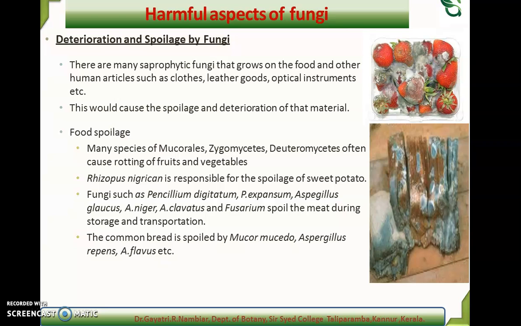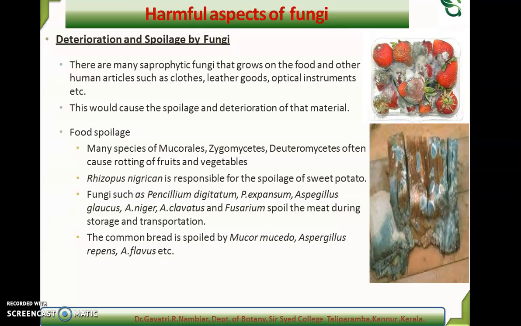There are many saprophytic fungi that grow on food and other human articles such as clothes, leather goods, etc. In case of food spoilage, there are many species of Mucorales, Zygomycetes, Deuteromycetes, which often cause rotting of fruits and vegetables. If you keep bread or some fruits for a couple of days, we can see that the food gets easily spoiled because of the growth of fungus.